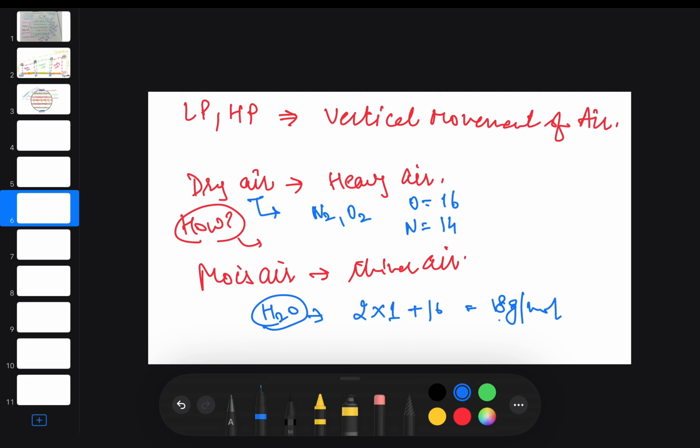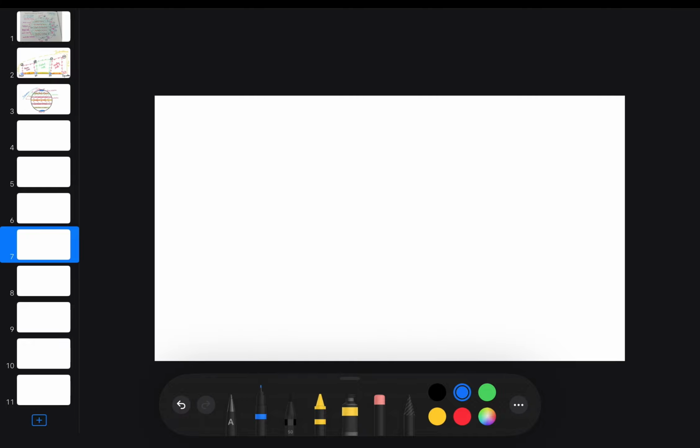In dry air, oxygen has 2 atoms, so O2 is 32, and nitrogen N2 is 2 times 14, that is 28 gram per mole. So the molecular weight of dry air is higher than that of moist air. So dry air is the heavier air and moist air is the thinner, lighter air.